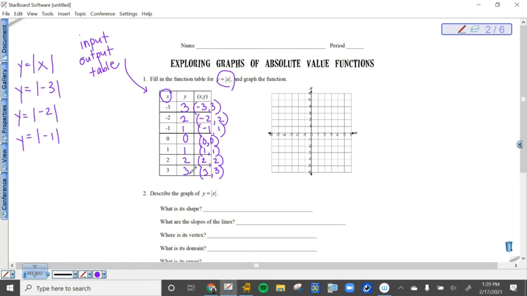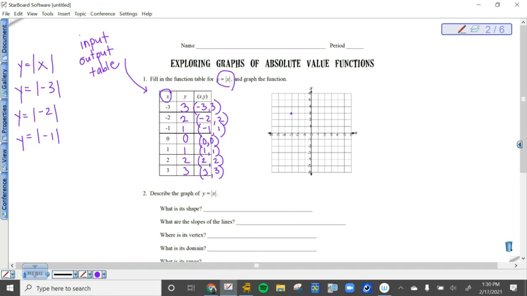And then once we're done filling out the table, we're going to graph the function. So look at these different ordered pairs. We're going to put a point at each of those ordered pairs. So the first one is at -3, 3. -3 is my x-coordinate. 3 is my y-coordinate. So I go to the left 3 and then up 3.